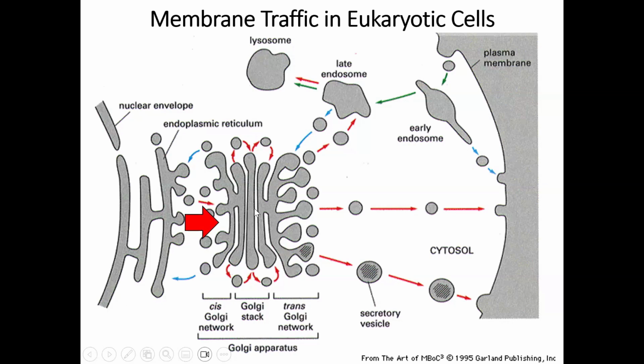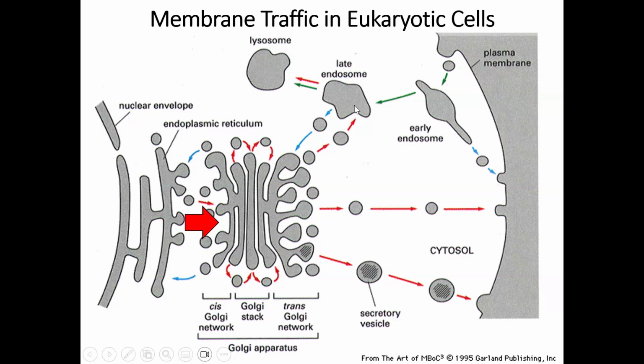In each of these stacks, there is going to be further modification of those glycosylations. And then once that glycosylation is done, and that will be a signal essentially from the trans face of Golgi, it does have three destinations.